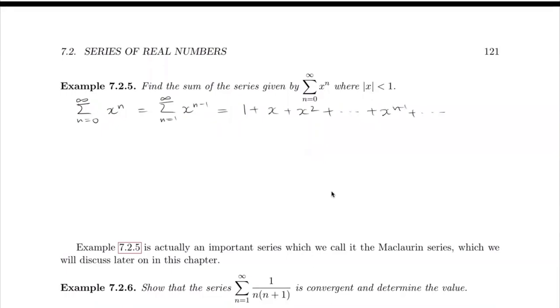Because this is a geometric series, we have that a is equal to 1 and r is equal to x, where x is less than 1. So by using the geometric series formula, this is equal to 1 divided by 1 minus x. Therefore, the sum of x to the n is equal to 1 divided by 1 minus x. That is something called the power series or the Maclaurin series that we will have a look at later on in the chapter.